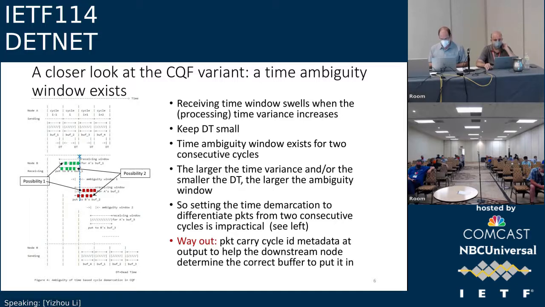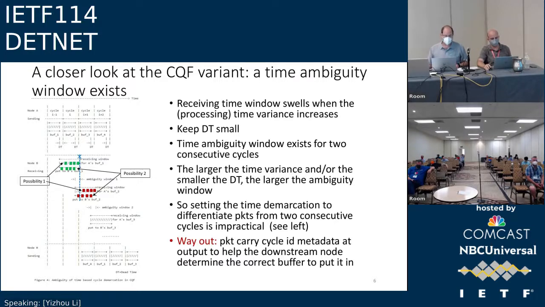It's a little bit smaller, I guess, but if you can see it, there is an ambiguity window here. So basically, the larger the time variance, or the smaller the dead time, the larger the ambiguity window will be. And remember that in the CQF, normally we need to preset a time demarcation to differentiate the packets from 2 consecutive cycles.